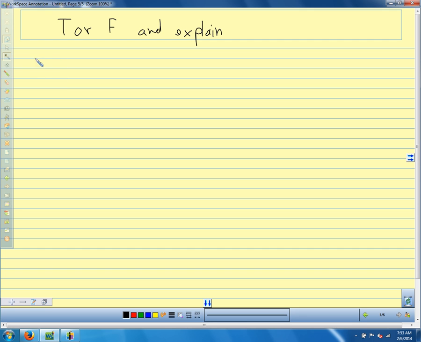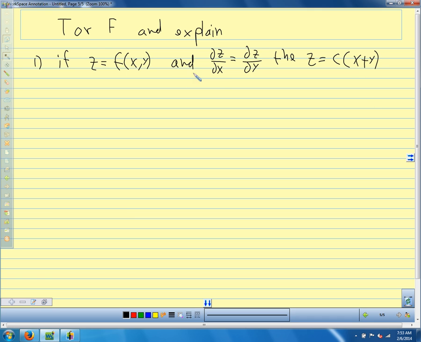So number one, if z is a function of two variables, and the partial of z with respect to x equals the partial of z with respect to y, then z is some constant times x plus y. If the first partial with respect to x equals the first partial with respect to y, then z has to be some function that looks like a constant times x plus y. Is this true or false? And we want to explain.